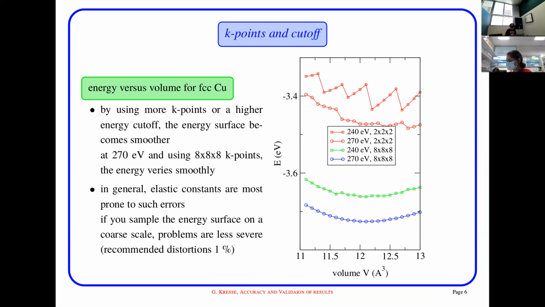So what I just said means that if you have a problem with convergence, it doesn't make any sense to increase the cutoff to 800 electron volt and keep a k-point mesh of 2 by 2 by 2. Whenever you want to increase, you need to touch both properties at the same time. You increase the cutoff a bit, but you also need to increase the k-point density.